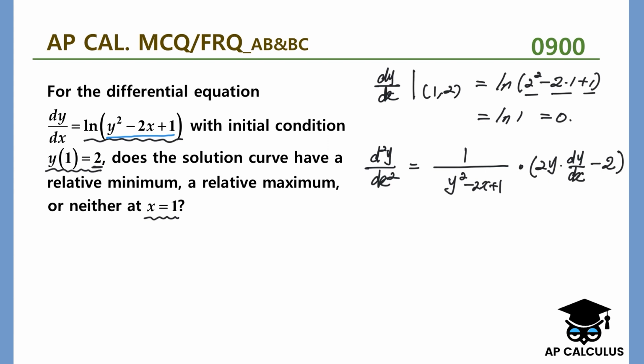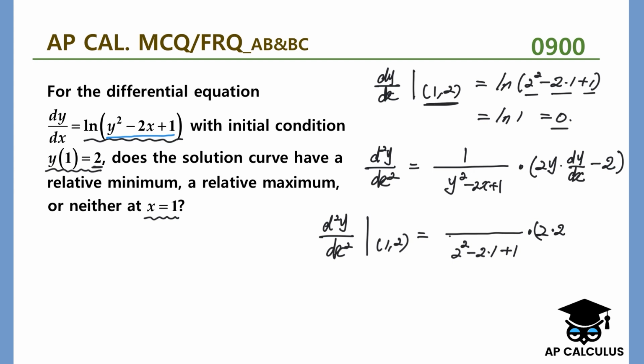That's our second derivative. So our second derivative at the point 1, 2 is equal to, okay, substitute 1 for x, 2 for y. So 1 over 2 squared minus 2 times 1 plus 1 times 2 times y, which is 2, and dy over dx at this point 1, 2 is equal to 0, right? So times 0 minus 2. So that's going to be negative 2 over 4 minus 2 plus 1.